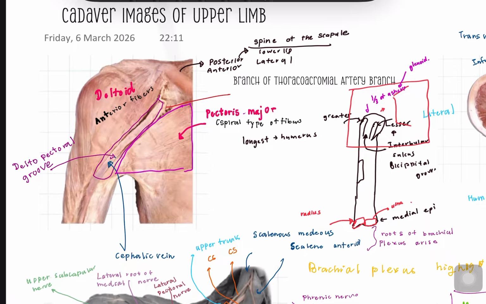It should be pectoralis. And it is on the anterior side. It is inserted into the lateral part of the bicipital groove.